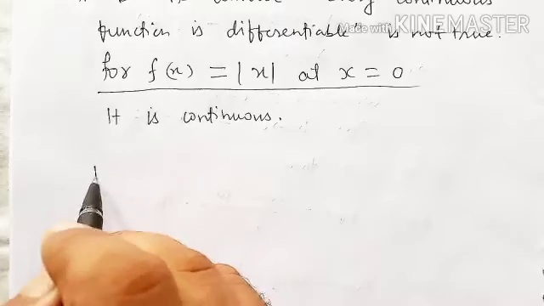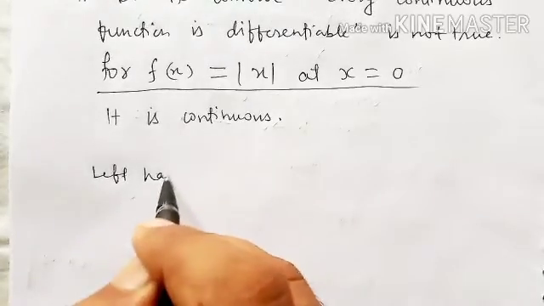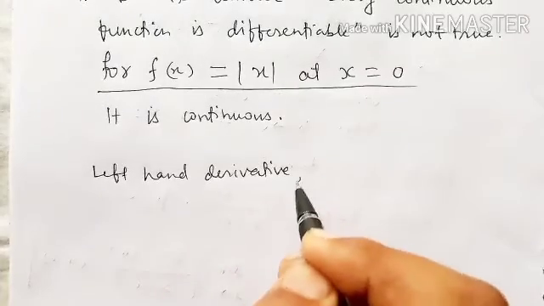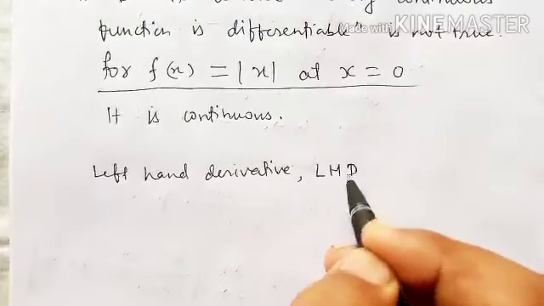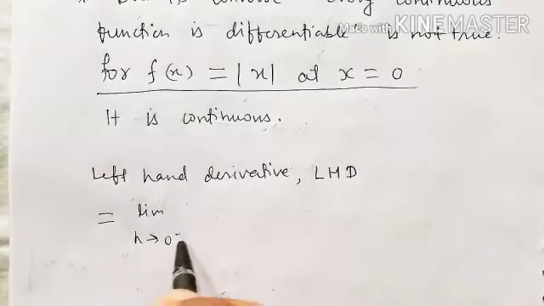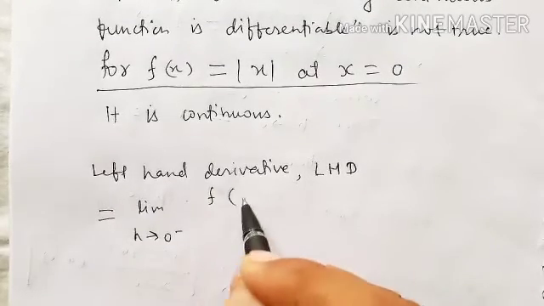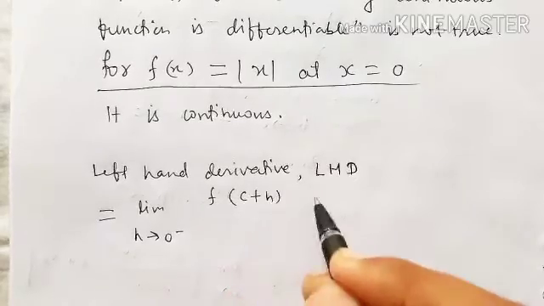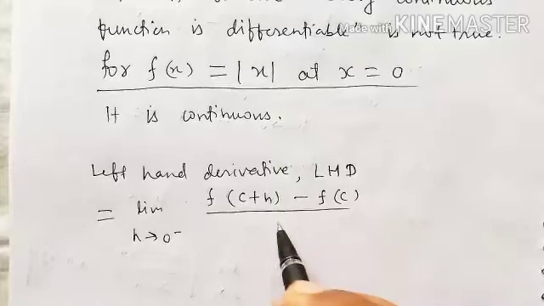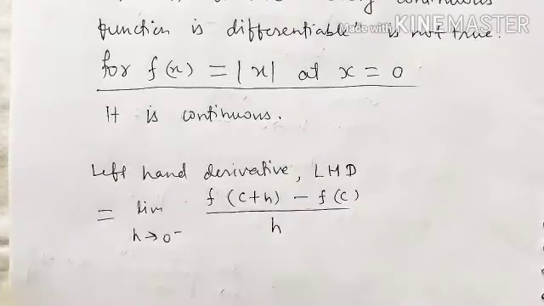So we write the left hand derivative, LHD, which is equal to limit h tends to 0 minus, f of c plus h minus f of c by h. Here c is 0.